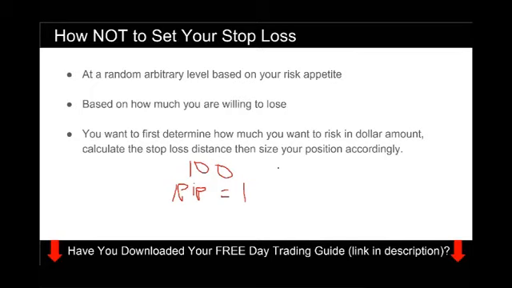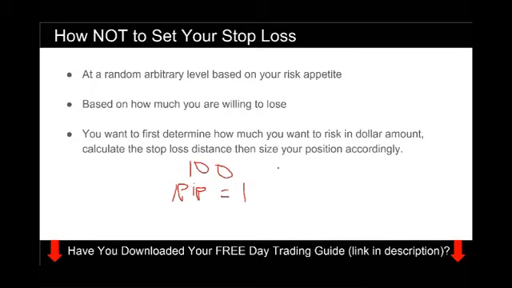Okay, so let's look at a case study now. I want to show you how you should set your stop loss. In this case, let's talk about this horizontal support and resistance level. I identified this level over here, which is 1.0775. That's the level that you are interested in buying for this case. So how should you set your stop loss level?